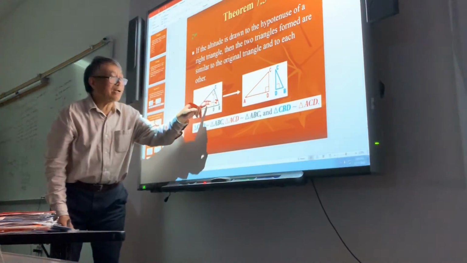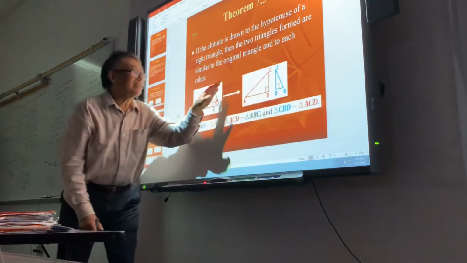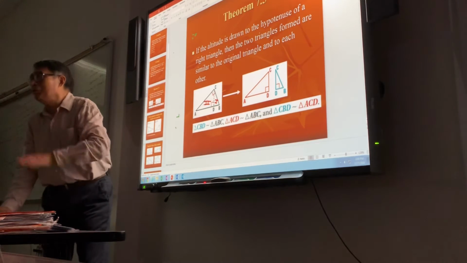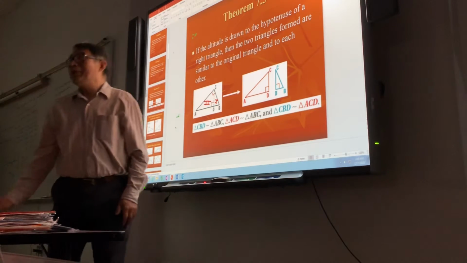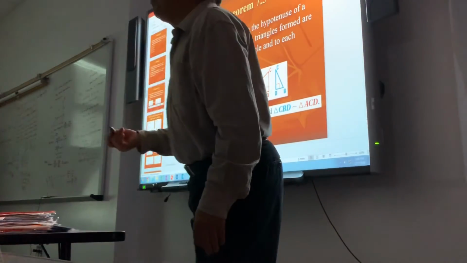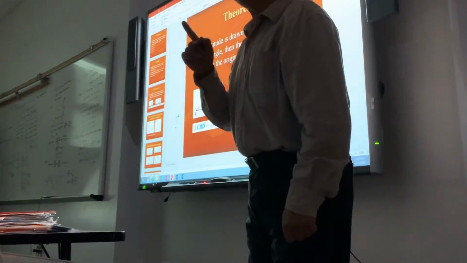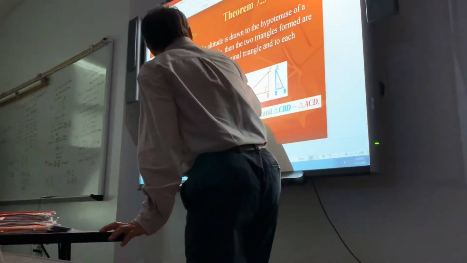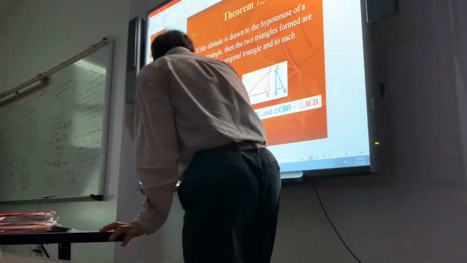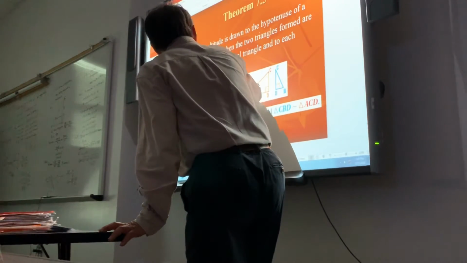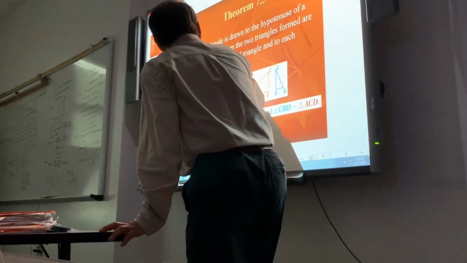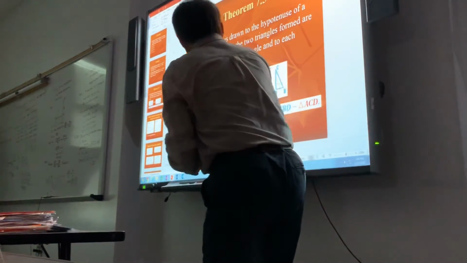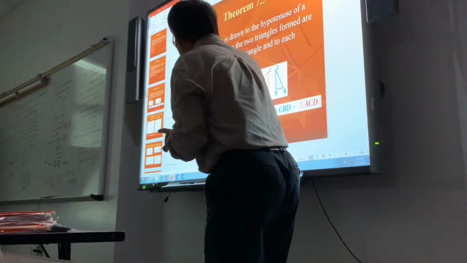These two smaller triangles and the original triangle are similar. Now I show you why they are similar, because many questions ask you to do this. First, we cut the small triangle here, CBD. The small triangle and the big triangle each have a right angle, the first angle.